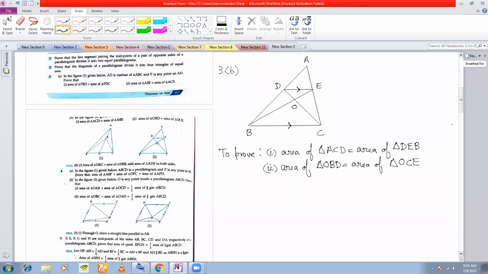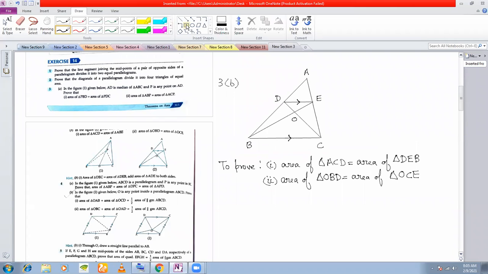Now let me just draw two figures for the two questions, because I will have to mark the triangles also for the questions.